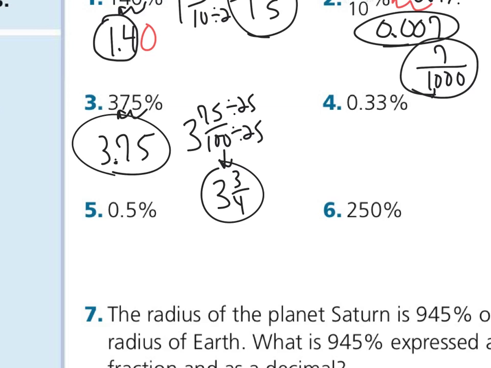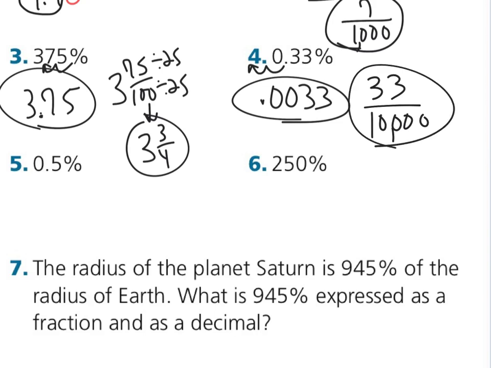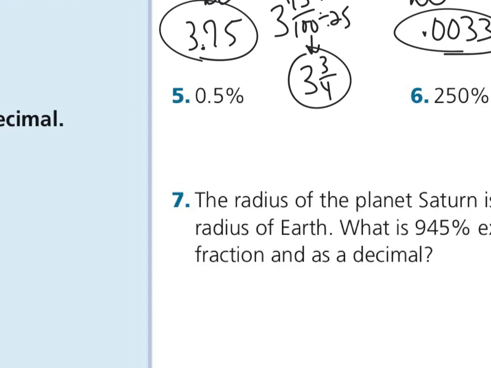Number 4 is a percent. Move it 2 spots to the left. It would be 33 10,000ths, and the fraction would be 33 10,000ths. And that can't be reduced. Number 5, same thing. Decimal is 5,000ths.